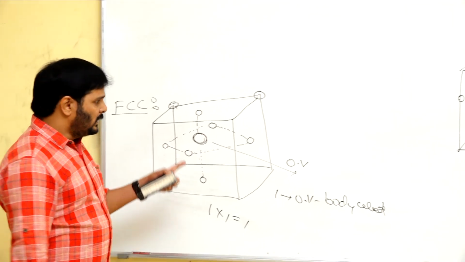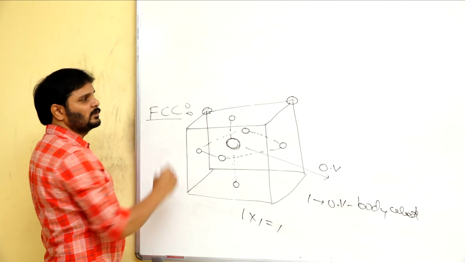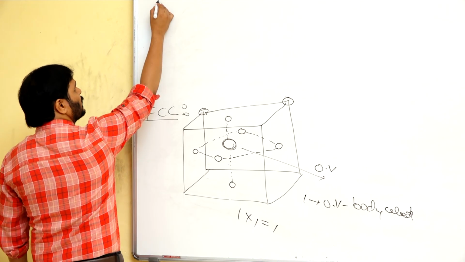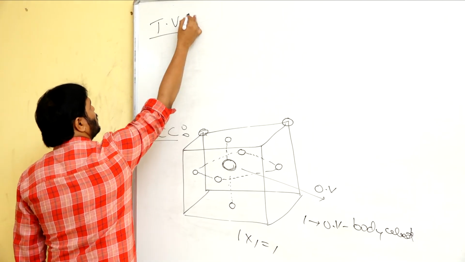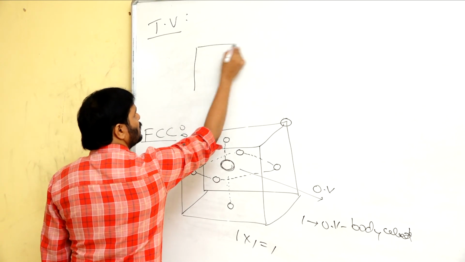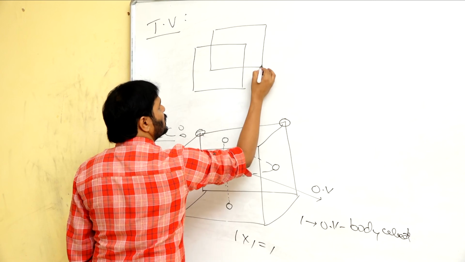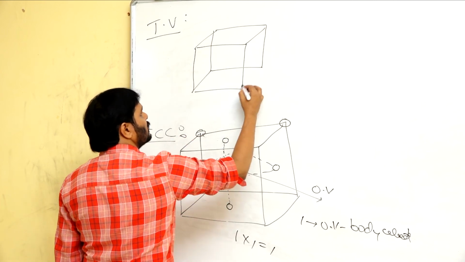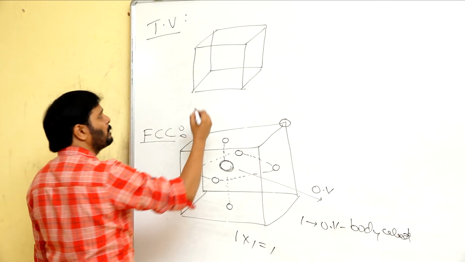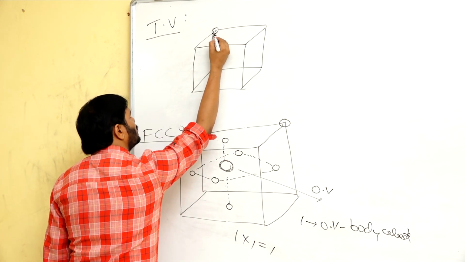Similarly, you have tetrahedral voids also. So, to find out tetrahedral voids in FCC structure. Now this is the FCC structure. So this is a corner atom.